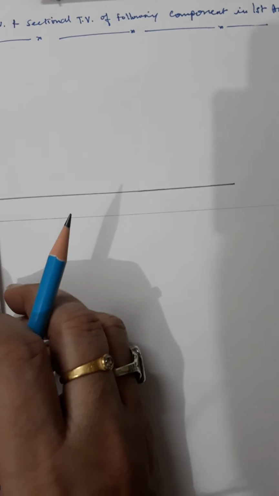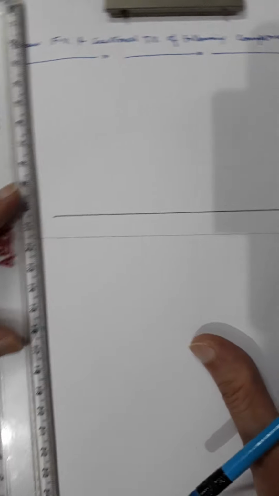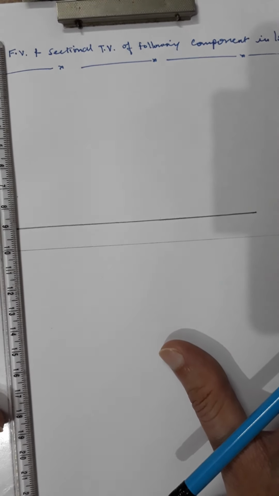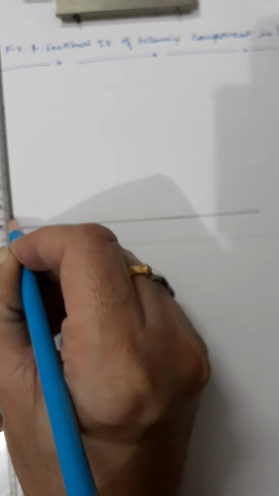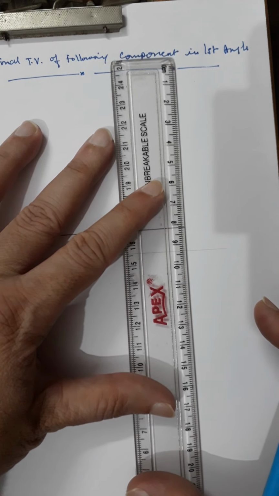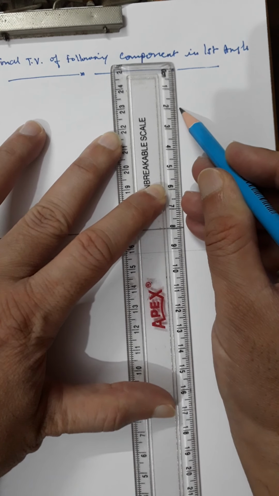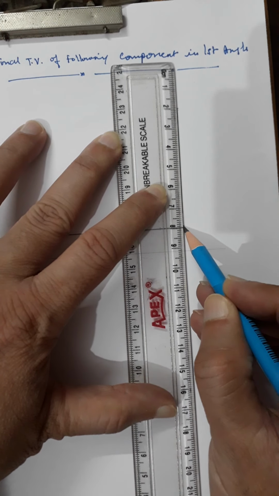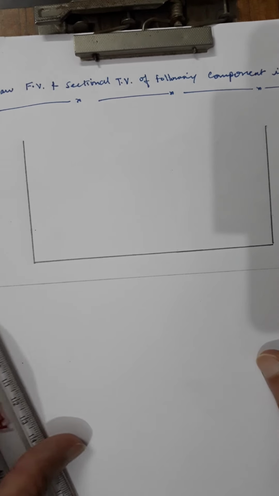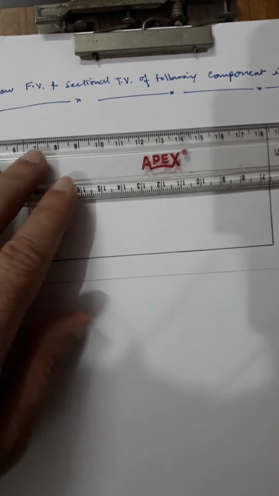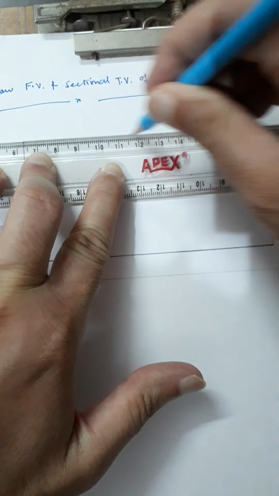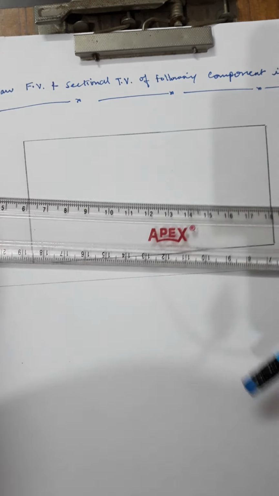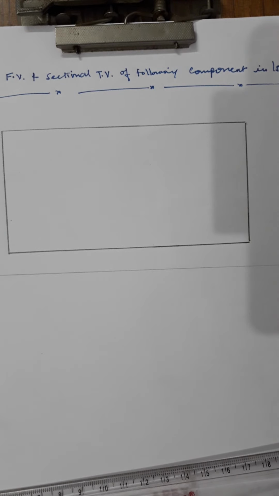You can take 60 mm along this vertical edge, and 60 on the other side as well. Now you join the outer upper edge as well. So now this is a 120 by 60 rectangle.